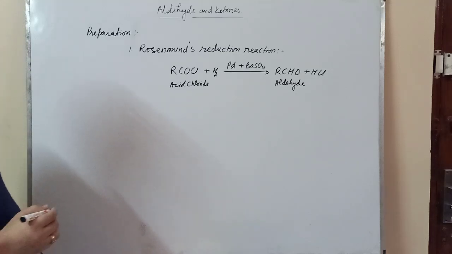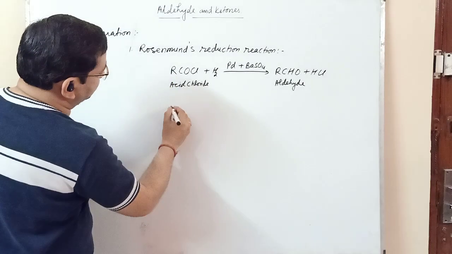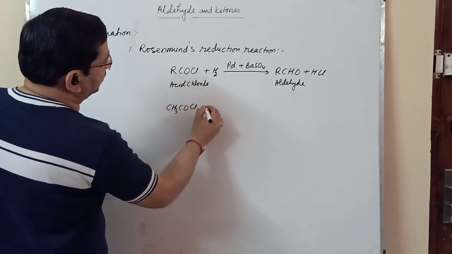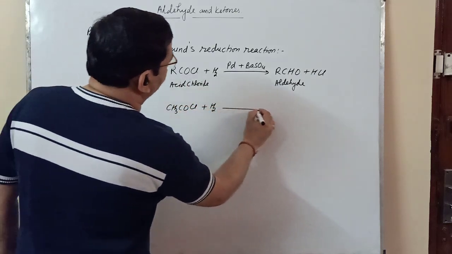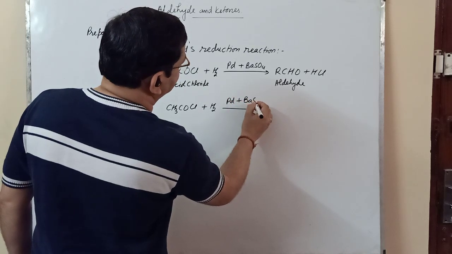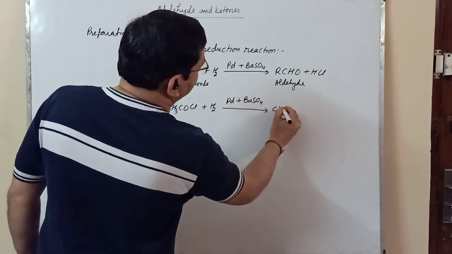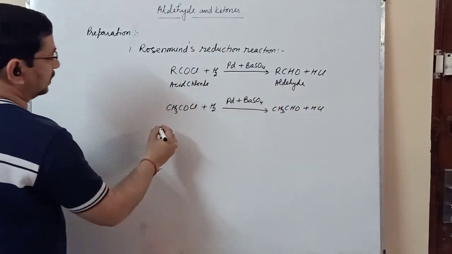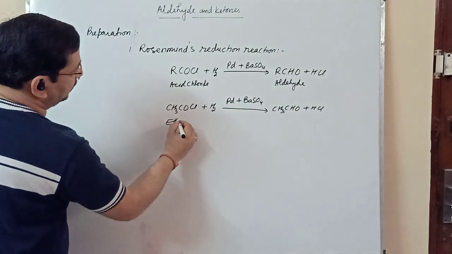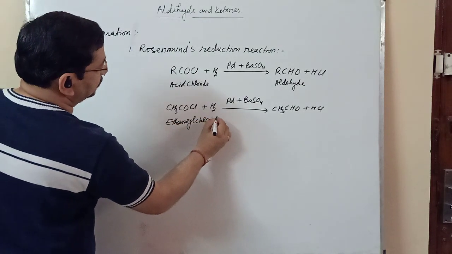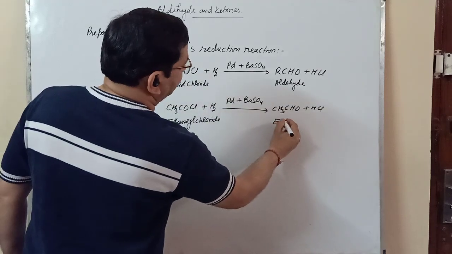Reaction is important. For example, it can be asked that if we take CH3COCl, then in this reaction we obtain CH3CHO plus HCl. This is the conversion, that is ethanoyl chloride to ethanal.